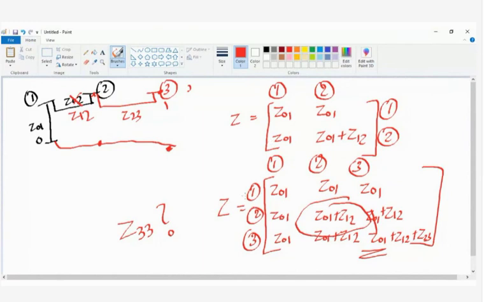And if you look at any off-diagonal element, let's say 2, 3, what does it mean? What does Z23 mean? So Z23, what is Z23? Capital Z23. It is Z01 plus Z12. Right? To understand this, we probably will have to look at what is Z versus.